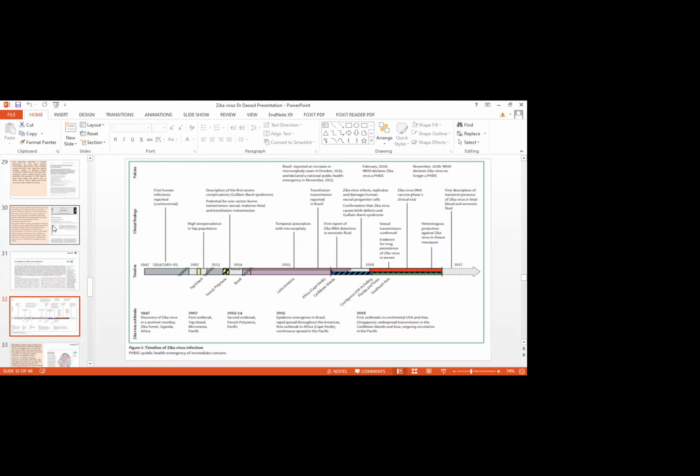In February 2016, WHO declared a public health emergency of international concern, but in November it was lifted. At the top corner, you can see WHO declared Zika virus no longer a public health emergency of international concern. This is the timeline of various interventions or discoveries which have been done at different time intervals.